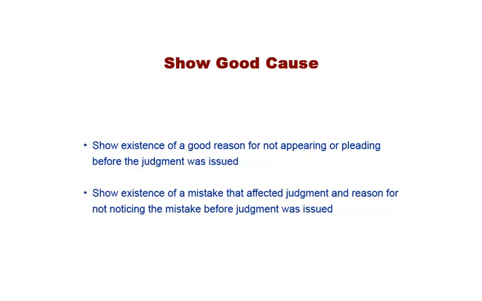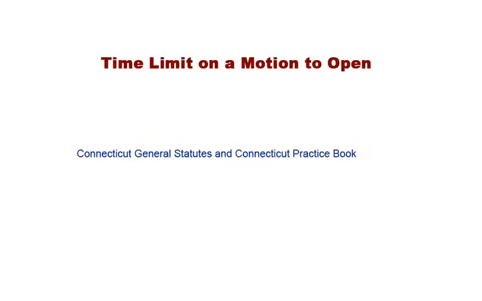This reason must be clearly stated in the motion to open. A motion to open will be denied if good cause or a good reason is not clearly written in the motion.